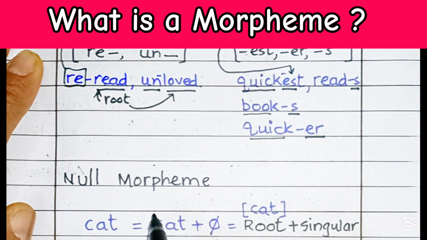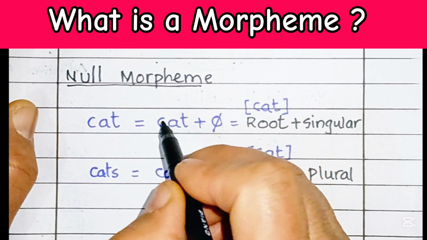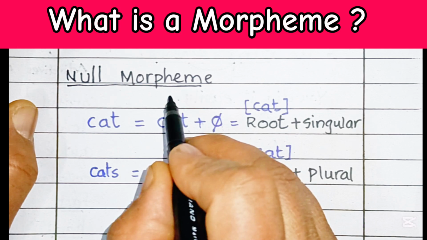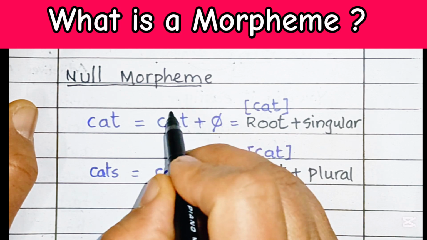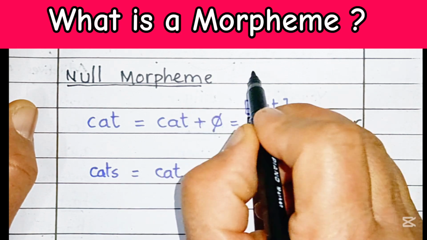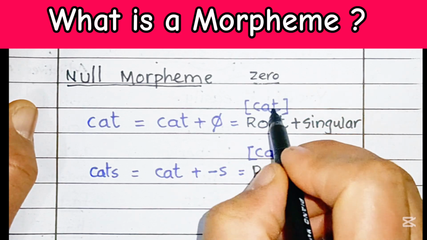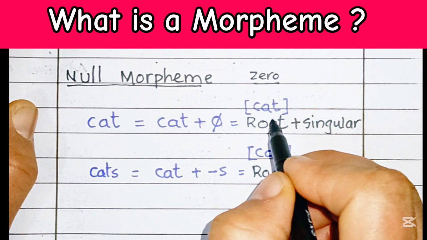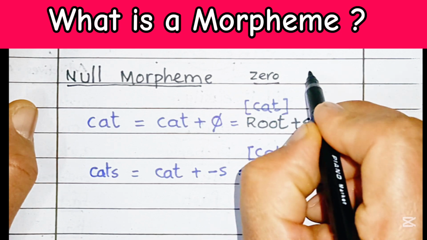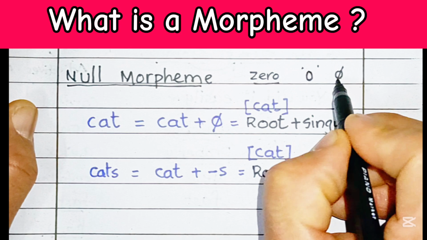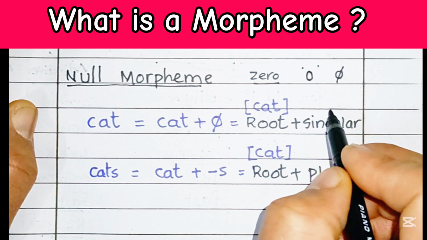In simpler terms, a null morpheme is an invisible affix. It is an affix that is there, but it is not visible. It is also called a zero morpheme as well, and it is represented as either the figure 0 or the symbol of the empty set.